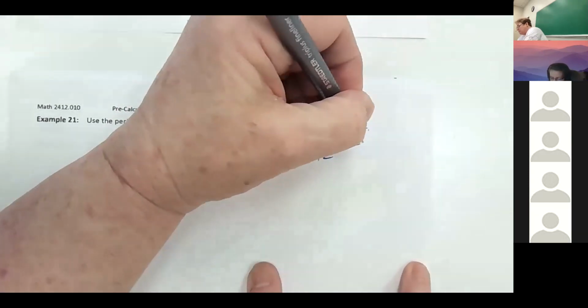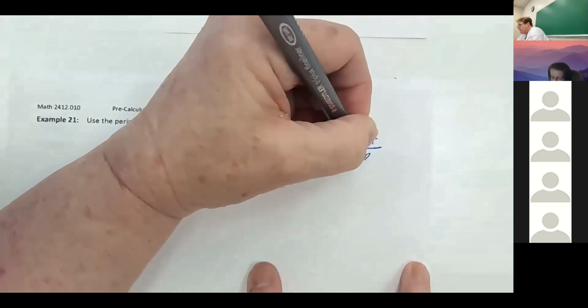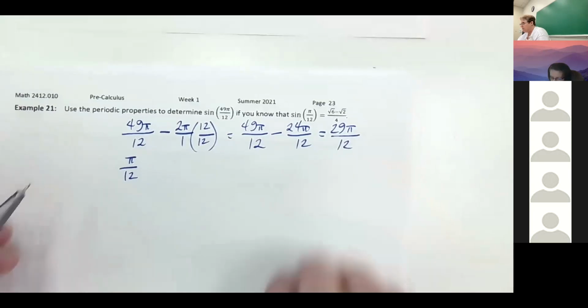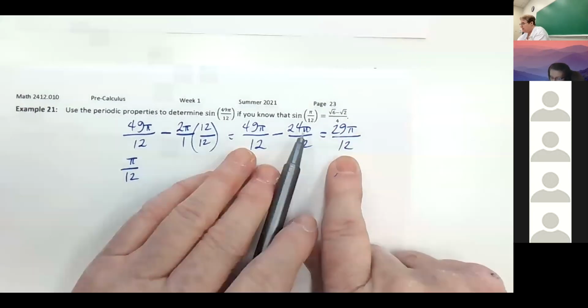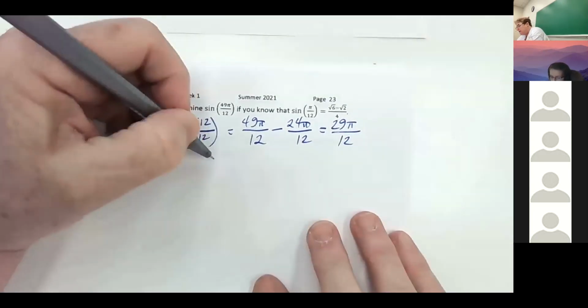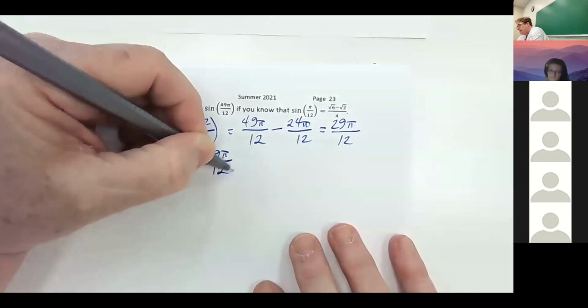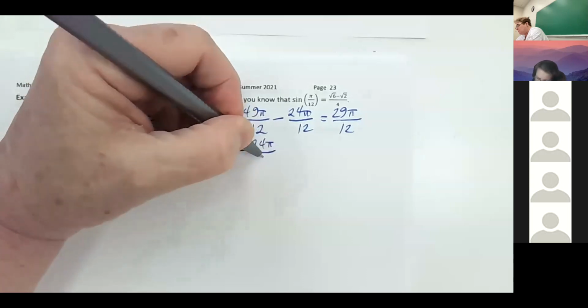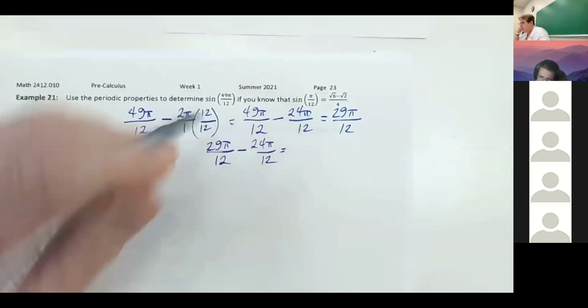Good. And that means we're still larger than 2 pi. So I'm going to take 29 pi over 12 and subtract 2 pi again. And what do we get?